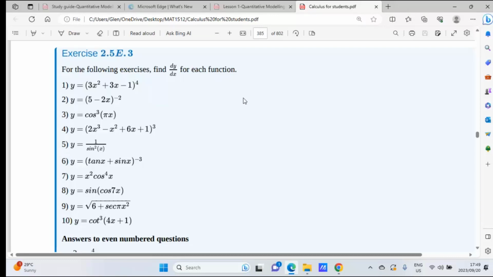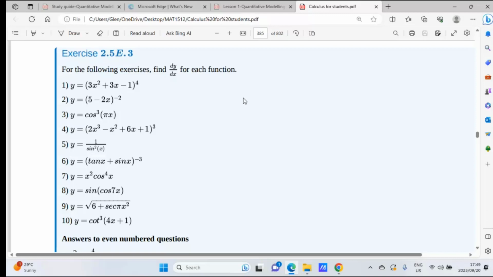How did you get your answer? Our y is equal to cot cubed of 4x plus 1.